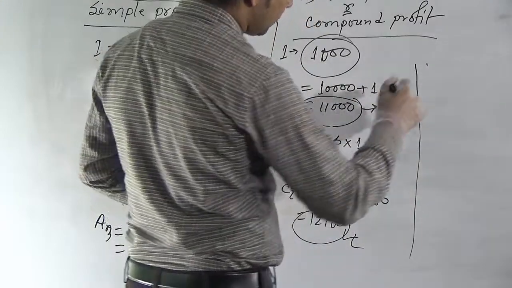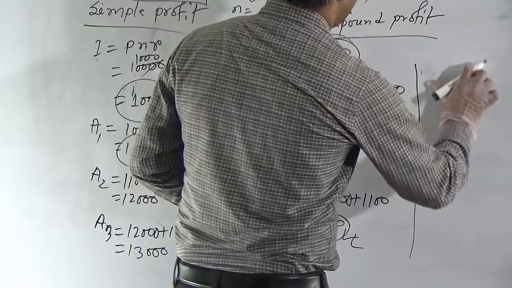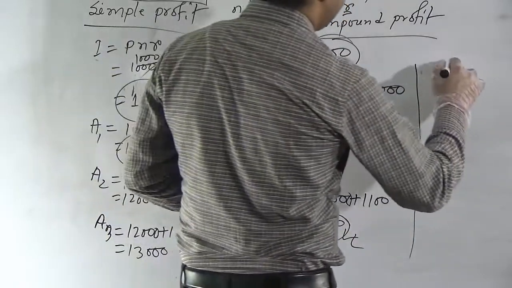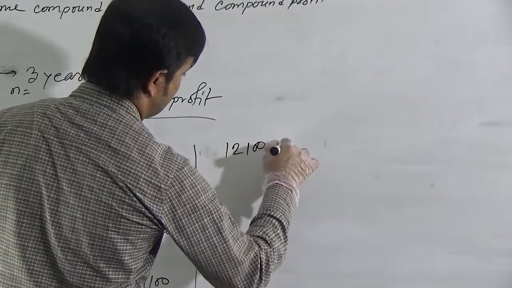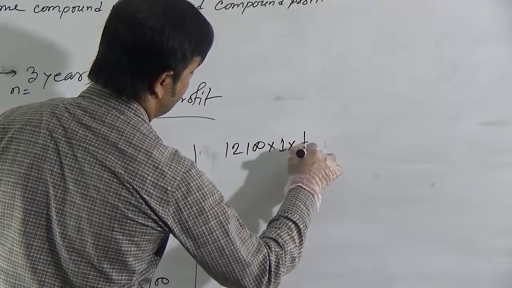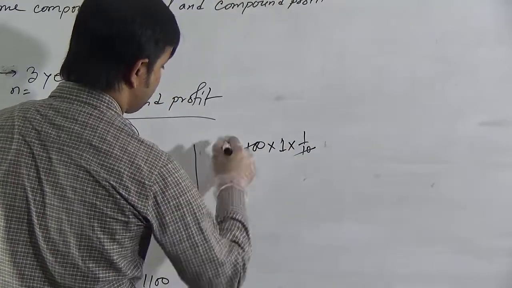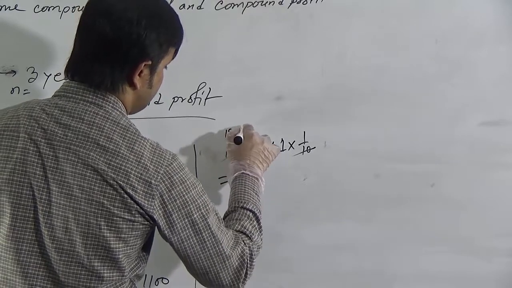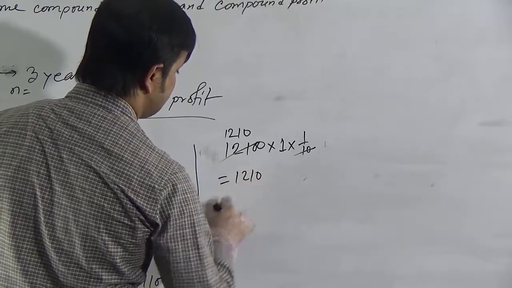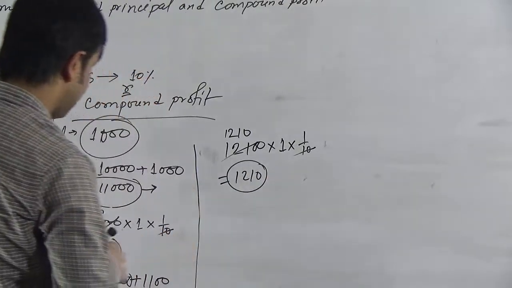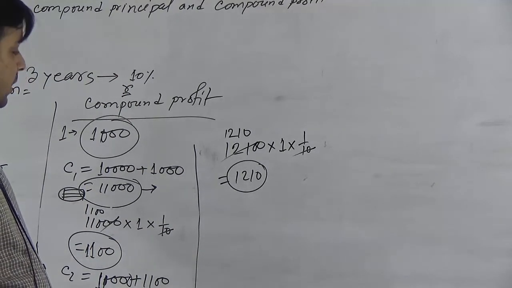So if we find the profit for the third year, that will be 12,100 multiplied by 1 by 10. This will be 1,210. So we can say 1,210 is the profit for the third year, as our principal is 12,100.